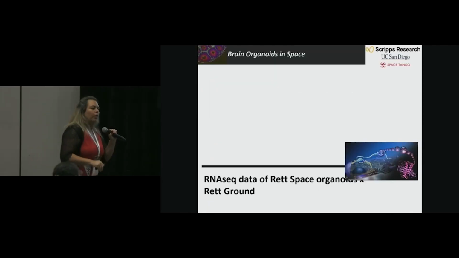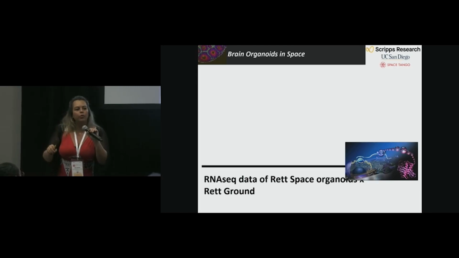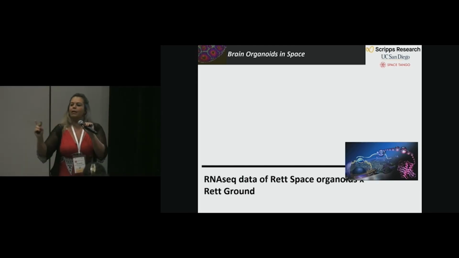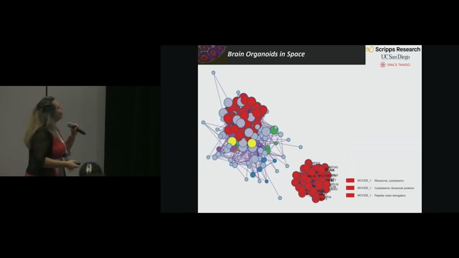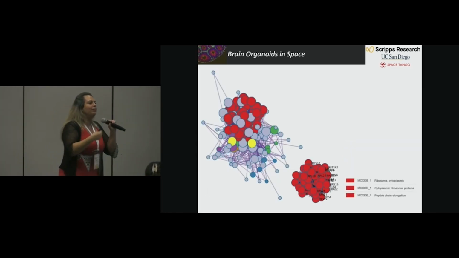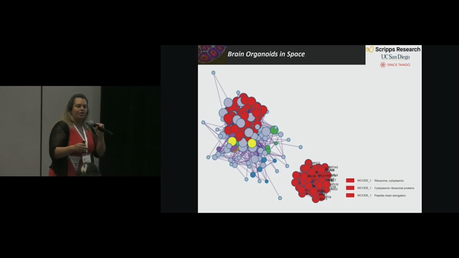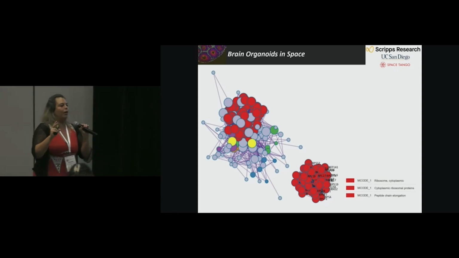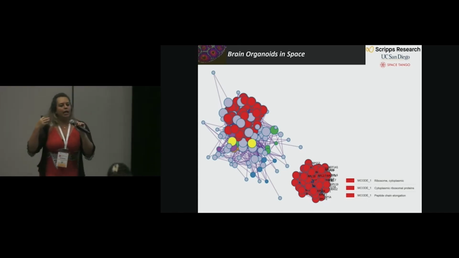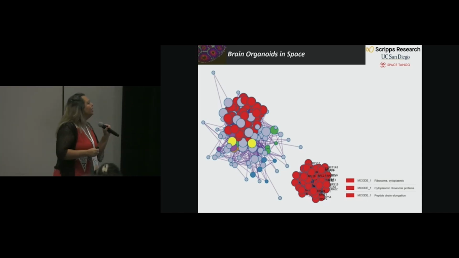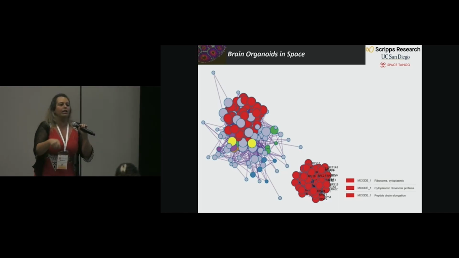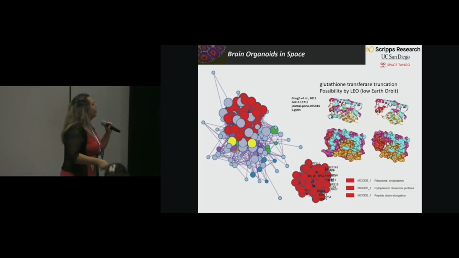And also, we were interested in doing RNA-seq with the same samples that we have. And then, again, we have the same impaired pathways. That was really interesting because there is some correlation. We are getting further on this data, but there is some correlation between the findings on RNA-seq and our findings.